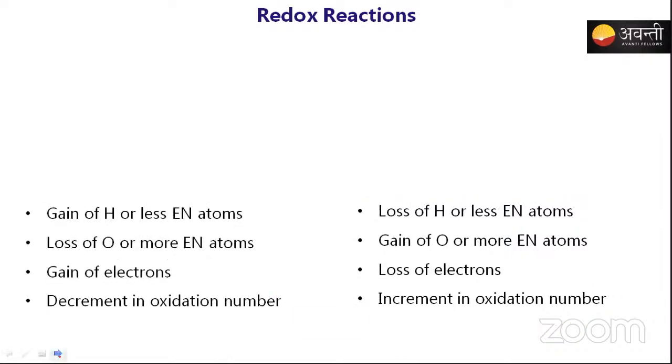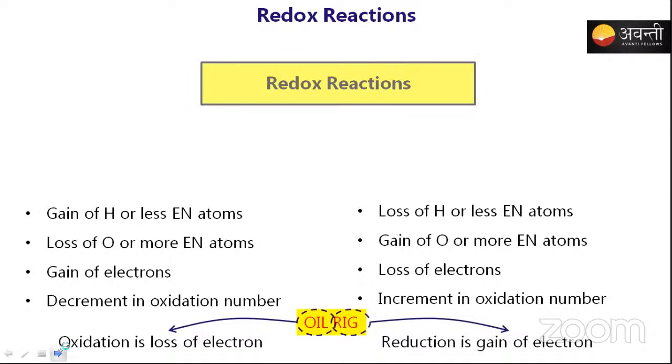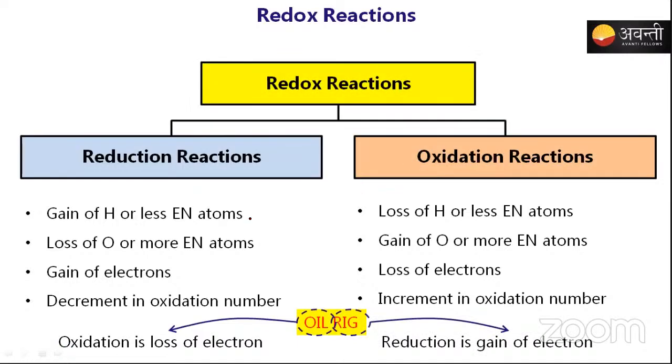Next, we have talked about the final difference between oxidation and reduction reactions. Reduction is gain of hydrogen, gain of electrons, and there is a decrease in oxidation number for a reduction reaction, whereas there is an increase in the oxidation number for an oxidation reaction.